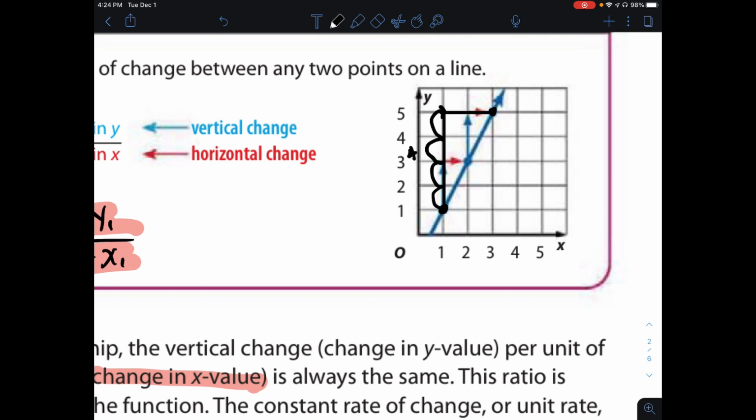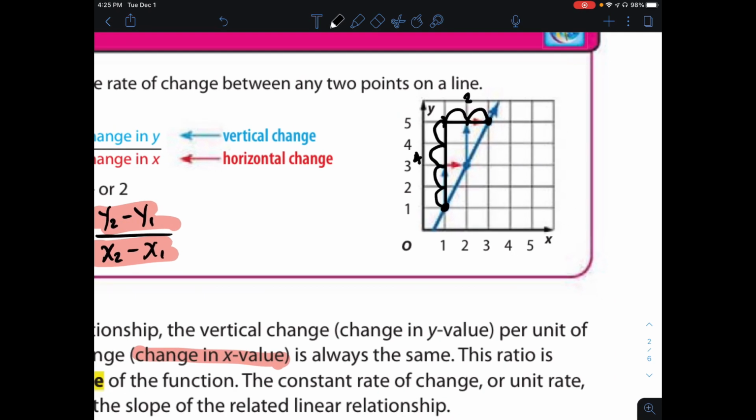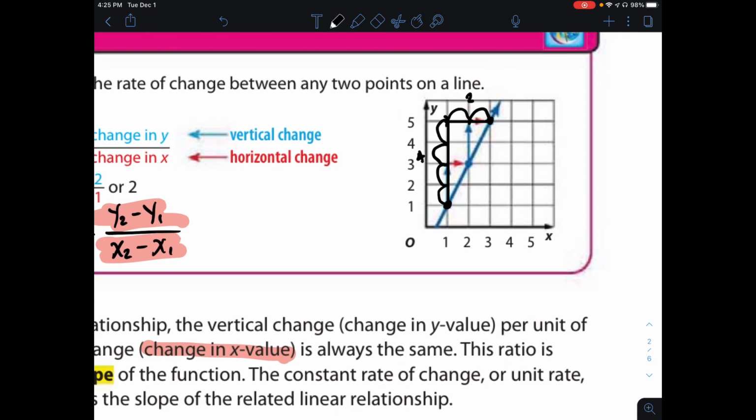That's 4 units. And our horizontal change would be 1, 2 units. So if I do my vertical change, which is 4, over my horizontal change, which is 2, if I simplify this, this still equals 2 over 1, or simply 2.